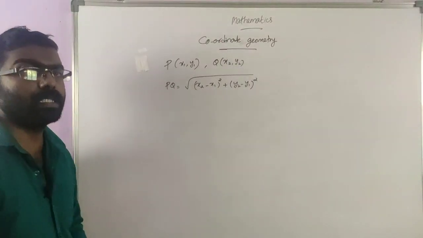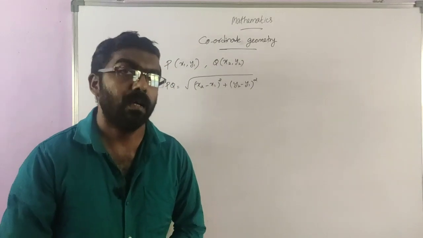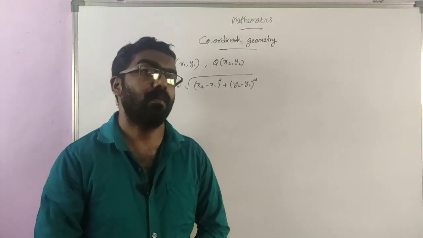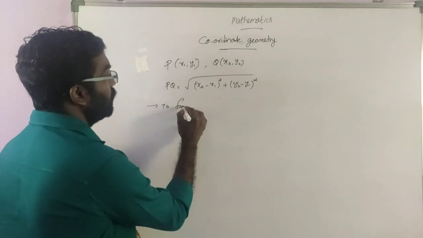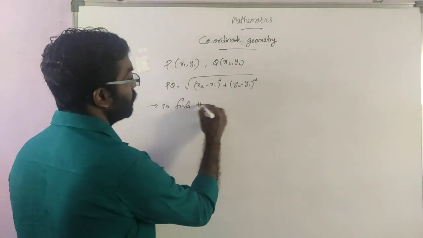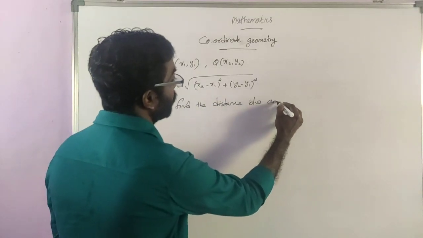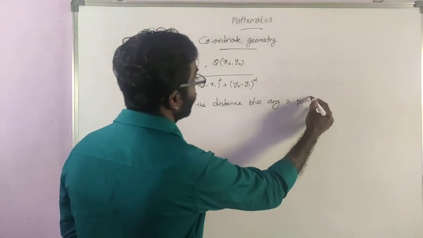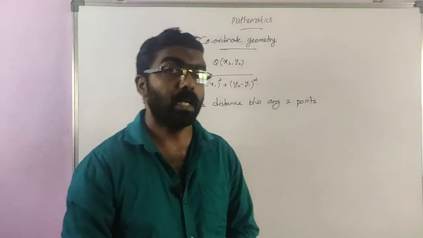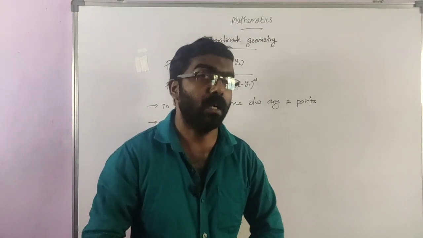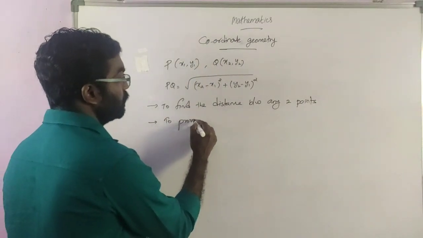And what are the applications we have already learned? First one situation is we have to find the distance between any two given points. And what was the next one? It is nothing but to prove the collinearity of 3 points.